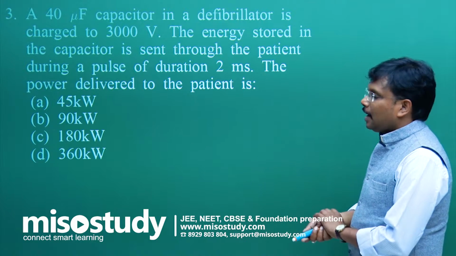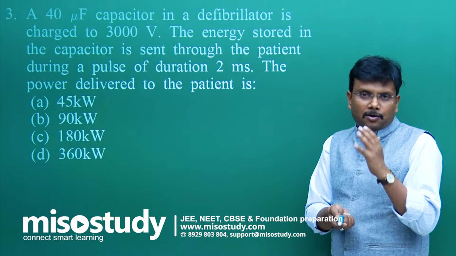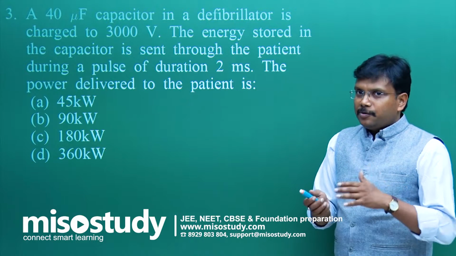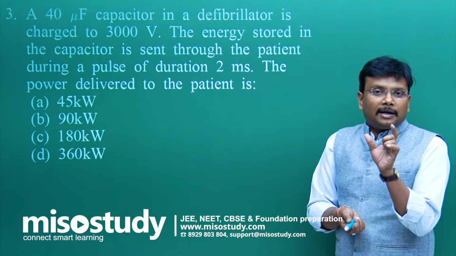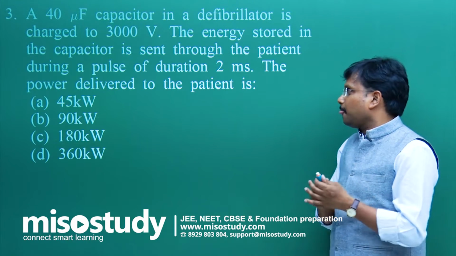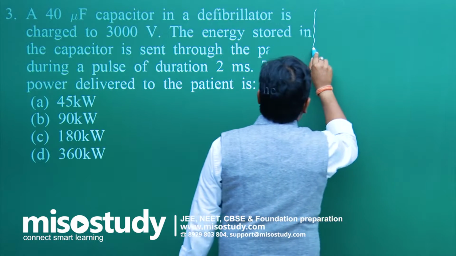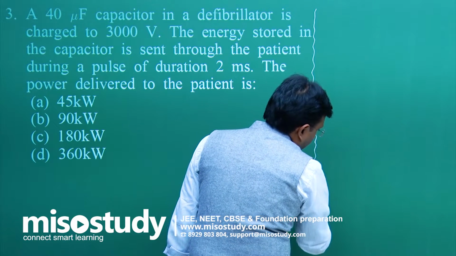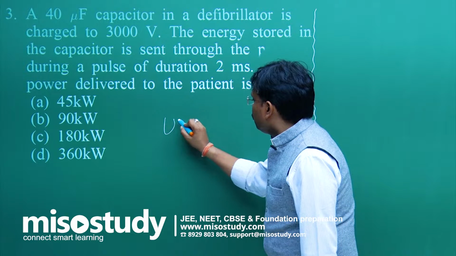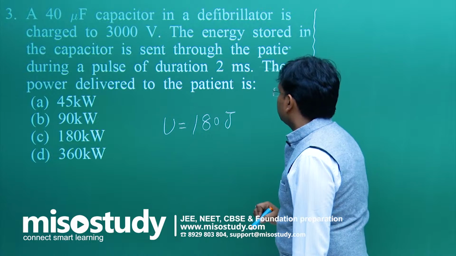How exactly can we find this out? If you have been regularly watching these theory videos, then very easily you can understand that energy stored in a capacitor is half CV square. Let me write down a few terms over here. At least I can write down U is equal to 180 Joule.